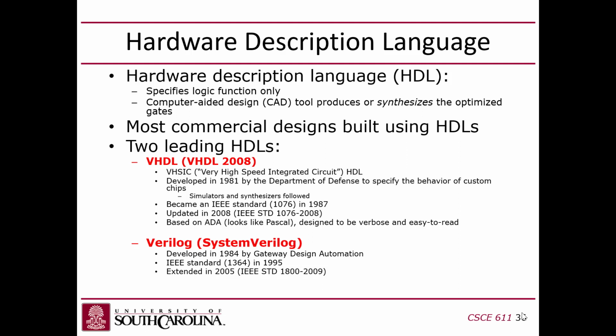The Department of Defense was starting to buy a lot of integrated circuits from military contractors to control stuff, weapons. And whenever they would order something from a contractor, they would have to describe the behavior of the chip in English prose, right? There was really no other way to do it.